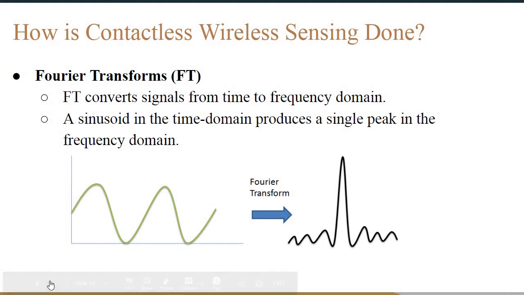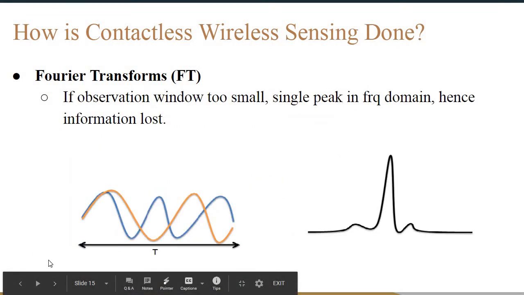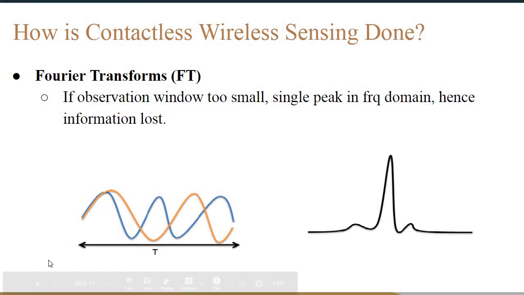So now we look at the Fourier transform, which is a central part of the FMCW radar system. Basically, the Fourier transform converts signals from the time domain to the frequency domain. A sinusoid in the time domain produces a peak in the frequency domain, as can be observed here. If the observation window is too small, then only a single peak is observed in the frequency domain.